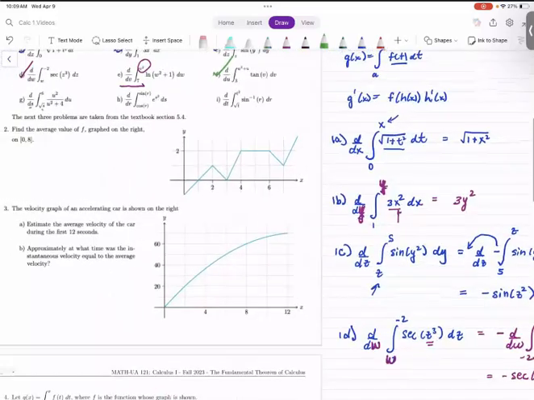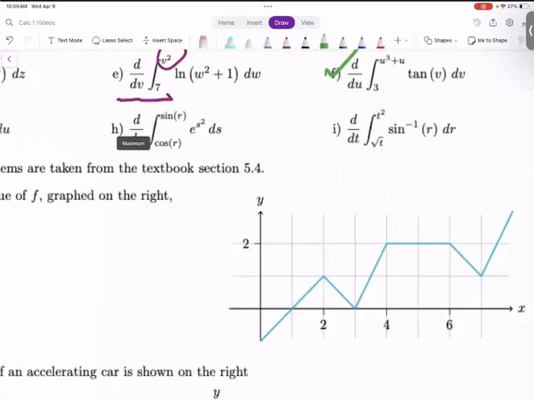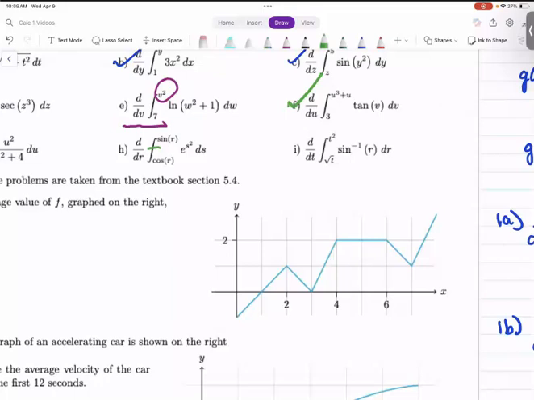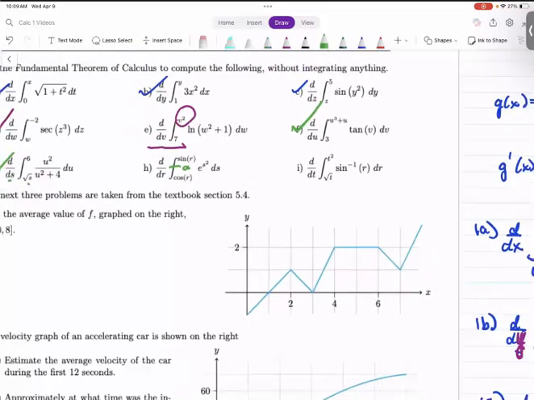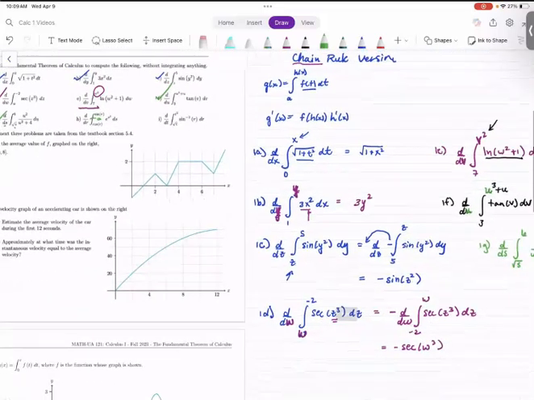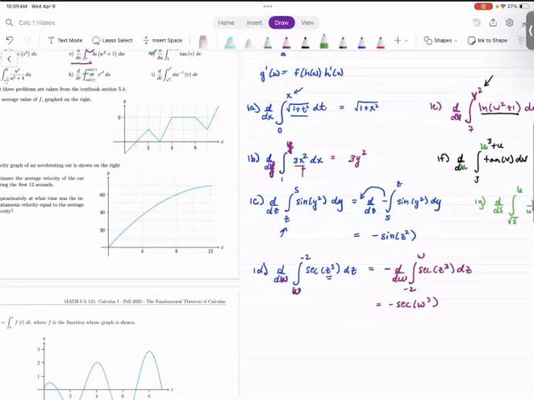Now we have another thing we have to do here, and that is where I don't have an a at all. But I can split this up at an a and have 2 integrals. So let's rewrite this. So 1h, we're going to be looking at d/dr of the integral from cosine of r up to sine of r, and the inside function is e to the s squared ds.